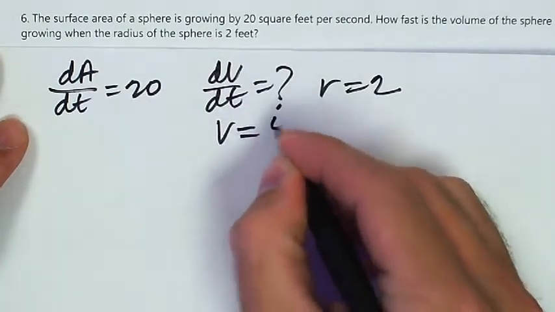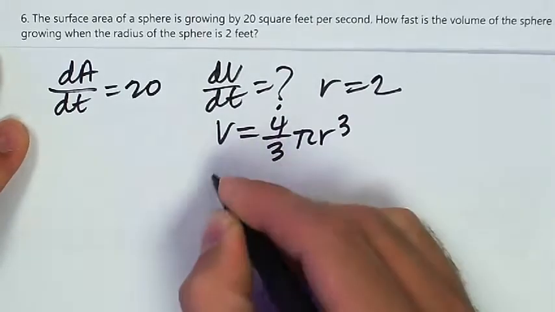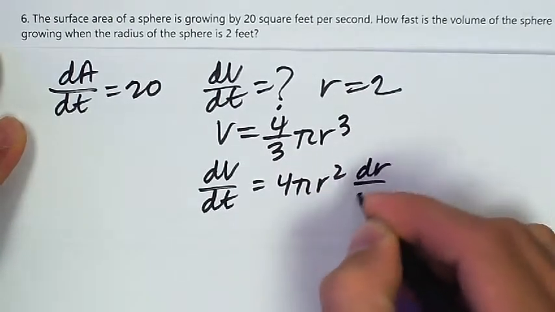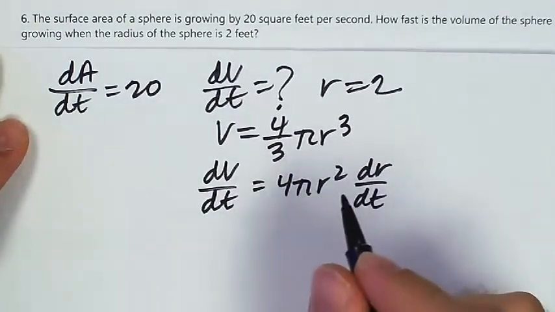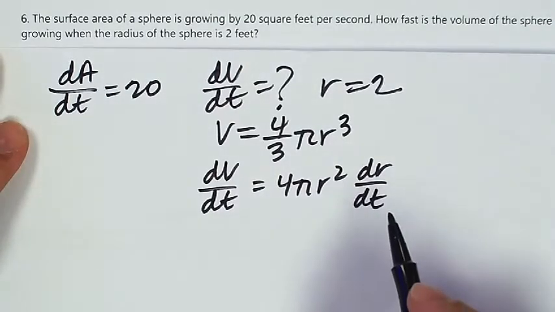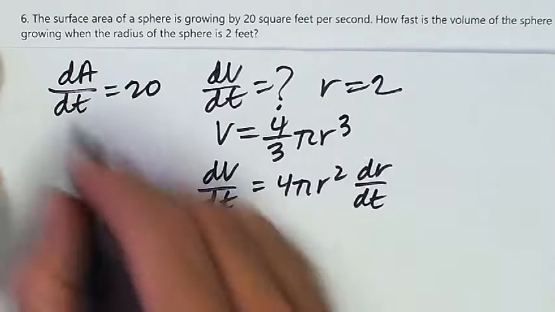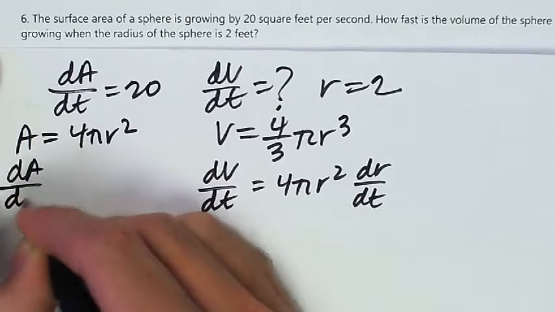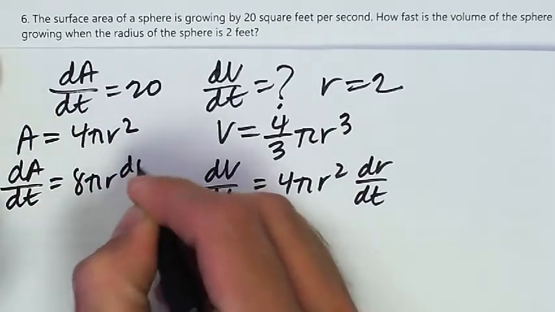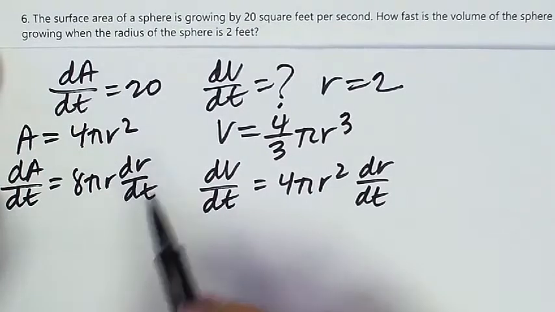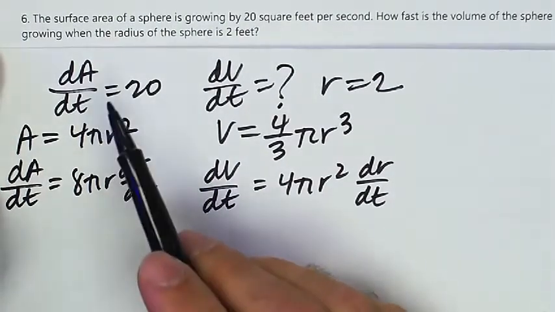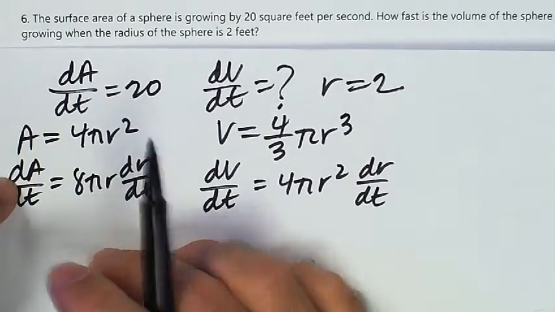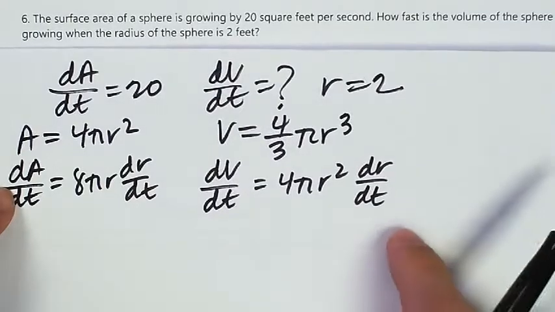Well, we know for a sphere, we've done this a bunch of times at this point. In order to find dV/dt, I need dr/dt, but they did give me dA/dt, and I'm going to use that to find dr/dt and then substitute it over there.